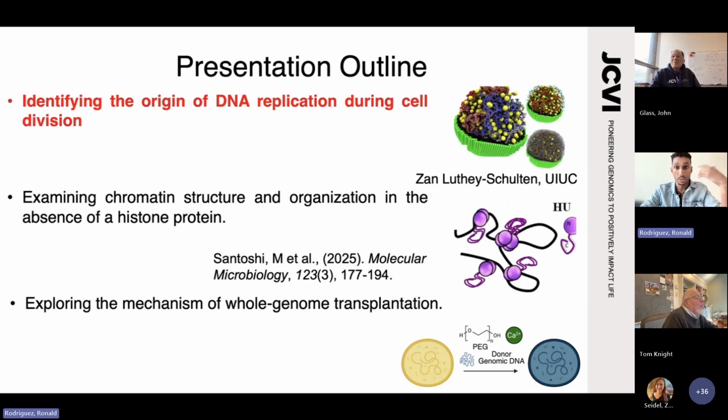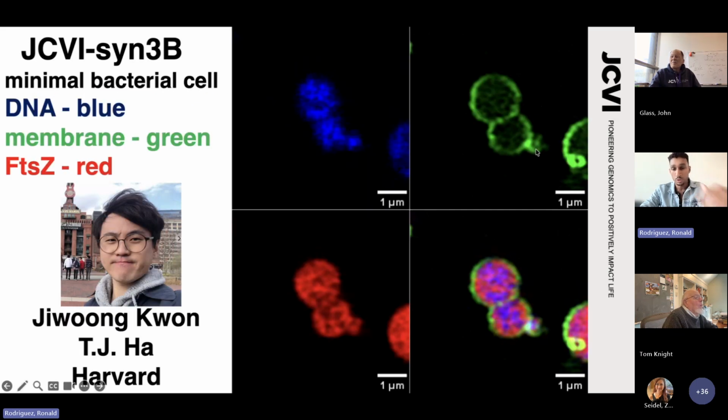So first, I'm going to start with the DNA replication stuff. These are some micrographs that were generated by Ji Wang, a graduate student in TJ's lab, looking at fluorescently labeled FtsZ. This is in JCVI Syn3B, which has a landing pad for easy installation of genes at a non-native locus. FtsZ, we heard Alejandro talk about FtsZ, forms a ring at the center of a cell when it's dividing.